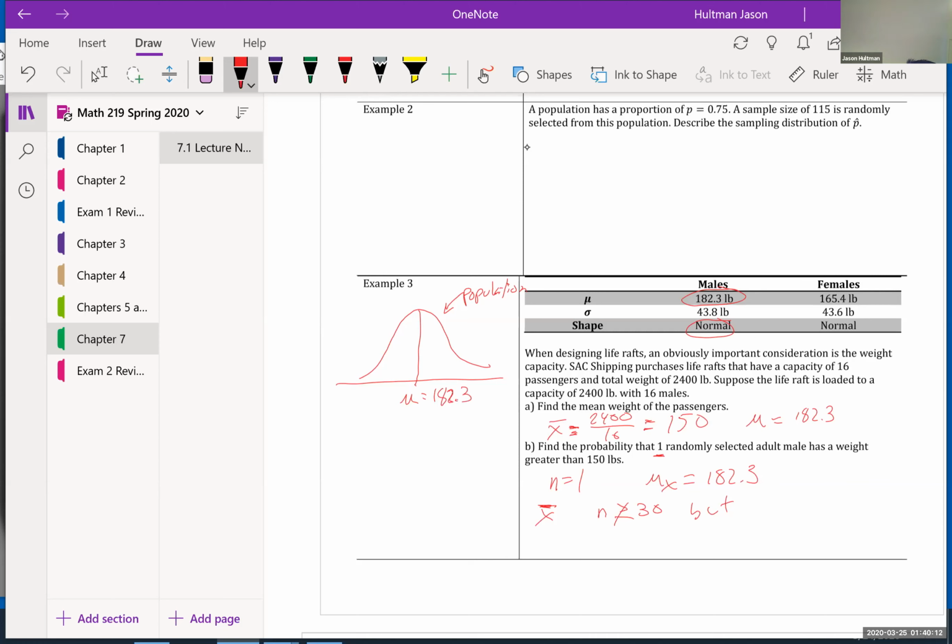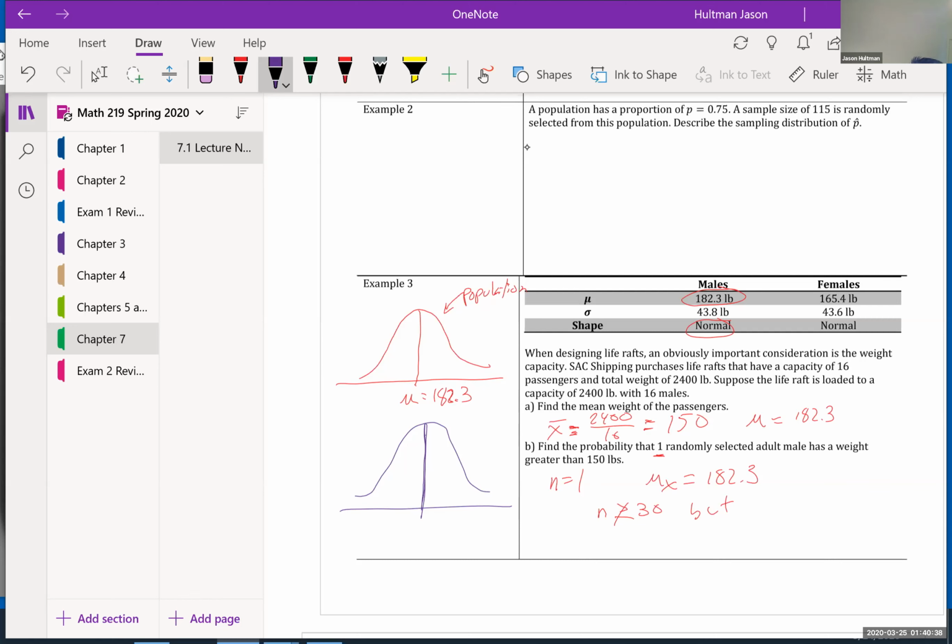Okay. And it says, what is the probability that one randomly selected adult male has a weight greater than 150 pounds? So I was saying that n is equal to 1, mu of x is equal to 182.3, right? Because the new one is still going to be normal, okay?